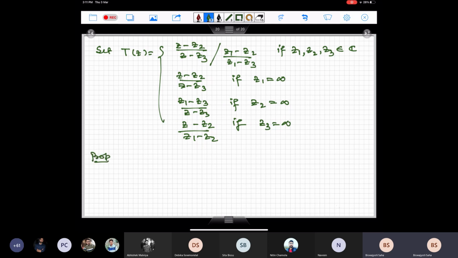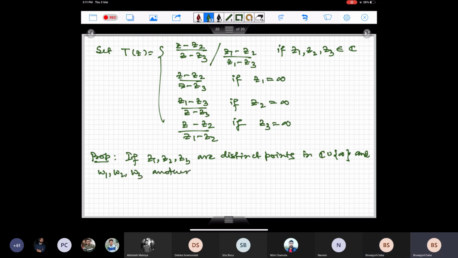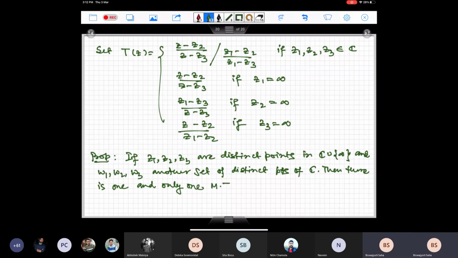Whatever we have done so far, if I sum it up: if z1, z2, z3 are distinct points in C union infinity, and W1, W2, W3 another set of distinct points, then there is one and only one Mobius transformation T such that T of Zi is equal to Wi for i equal to 1, 2, 3.